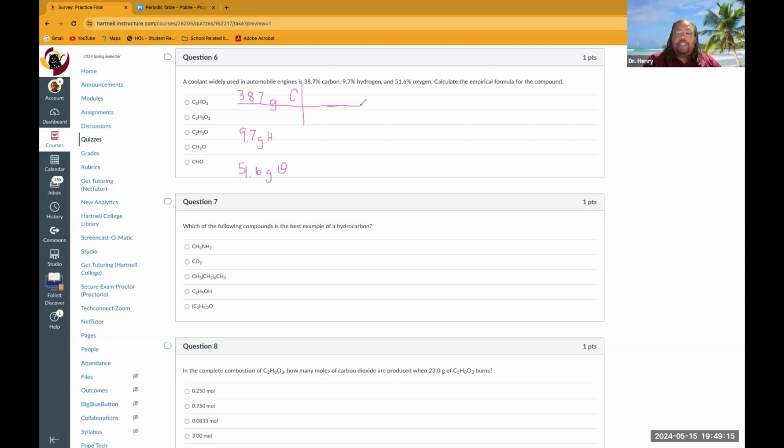For every 1 mole of carbon, there's 12 grams of carbon, approximately.